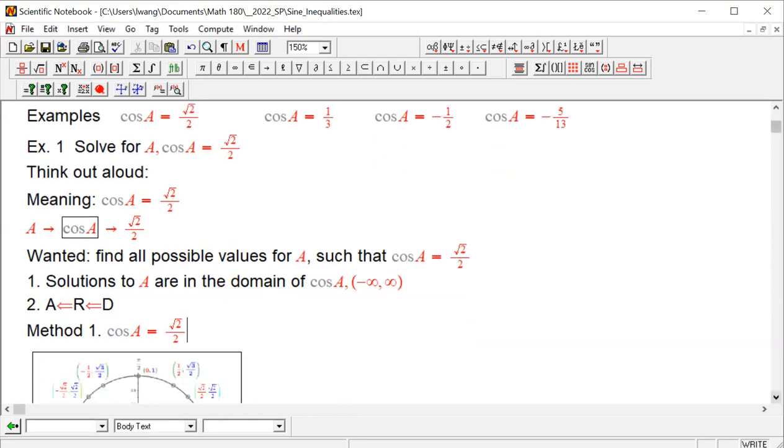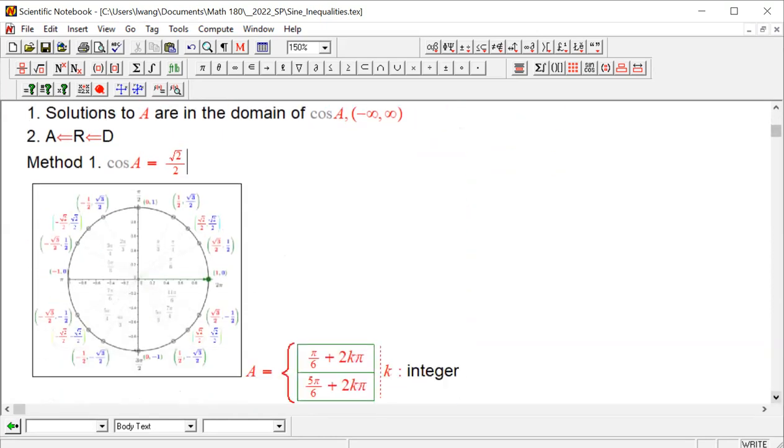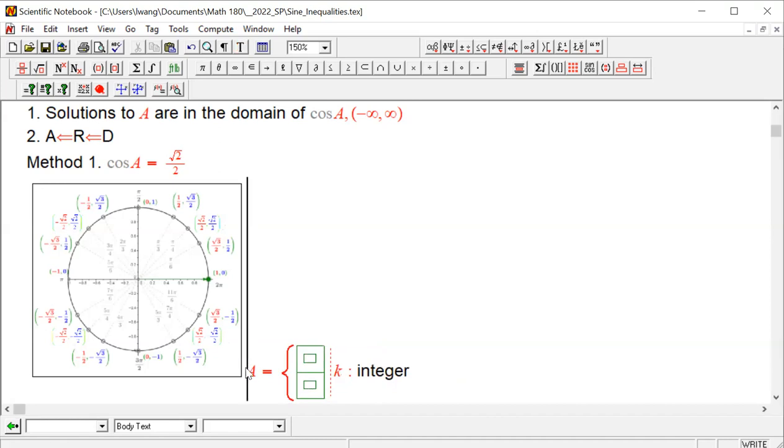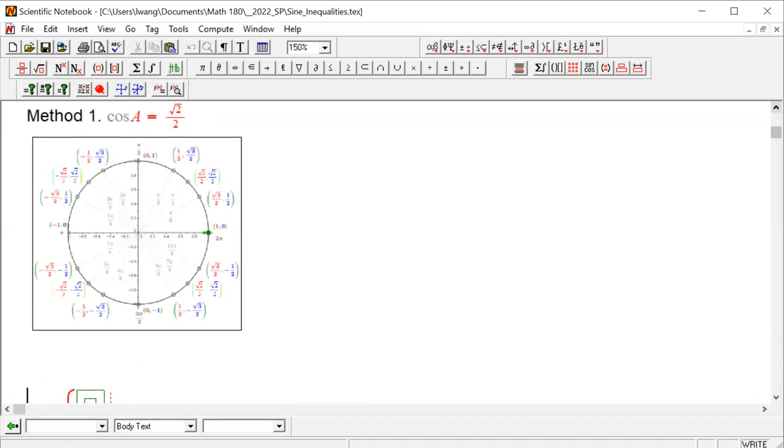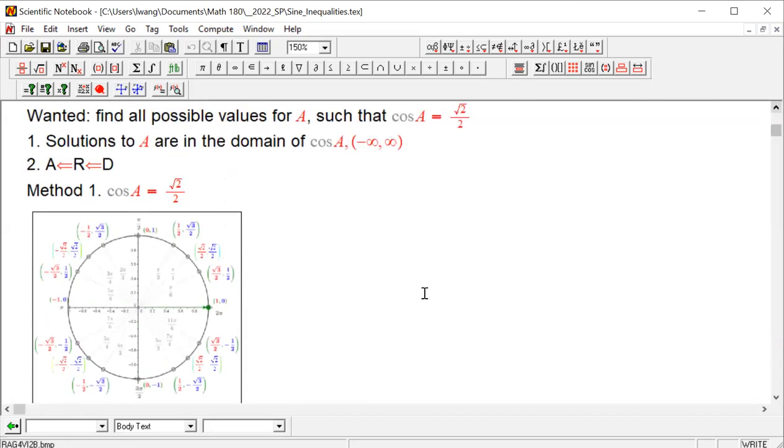So when we look at that unit circle, instead of looking at the blue number, I'm going to put this away, so you guys are not distracted.